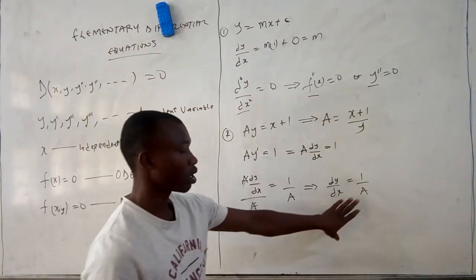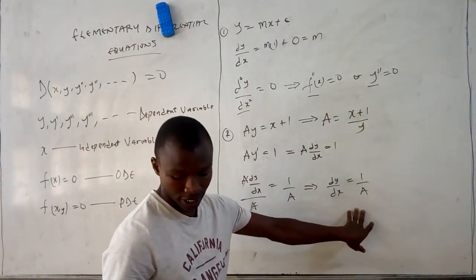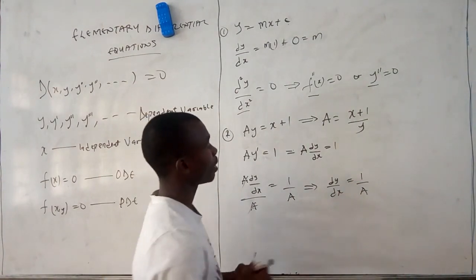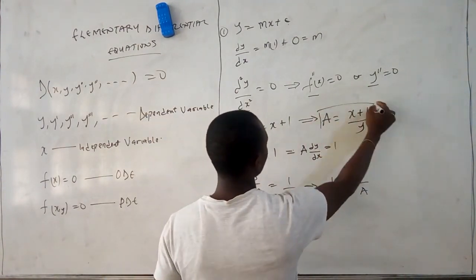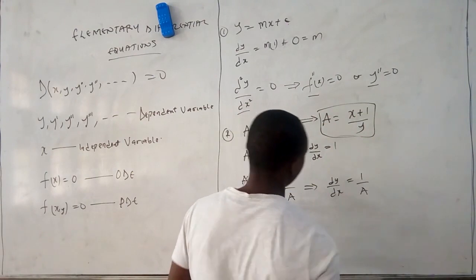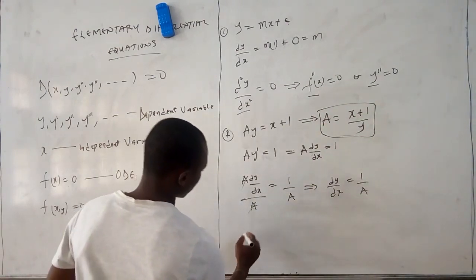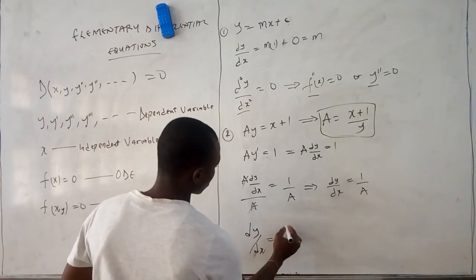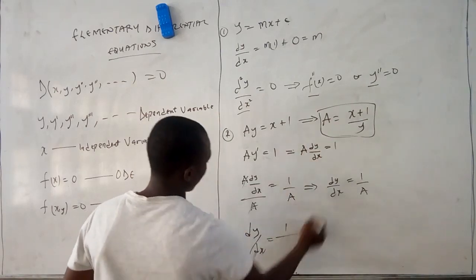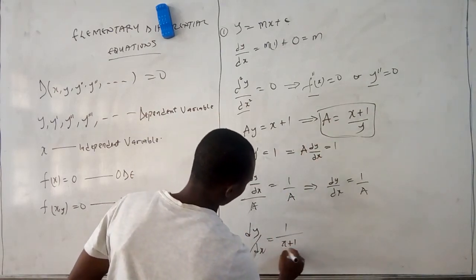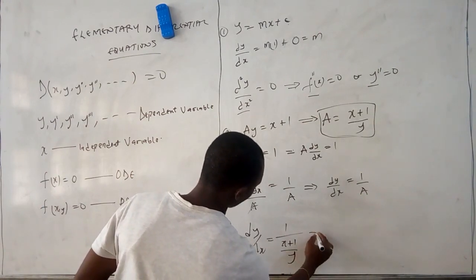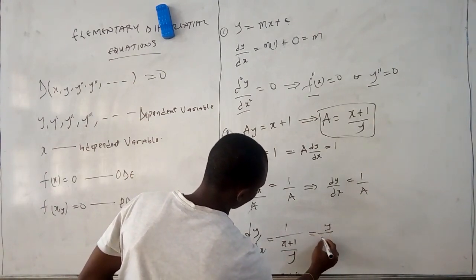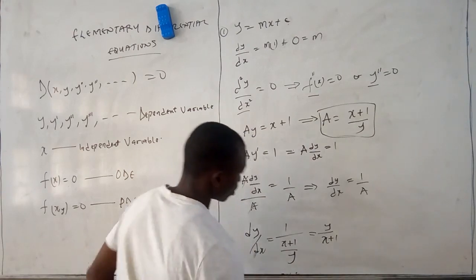Now this is not the solution we are looking for because our constant is still there. So you now go back, making a the subject of the formula here, and substitute it into this. So dy dx is equal to 1 all over x plus 1 over y, which is equal to y over x plus 1.